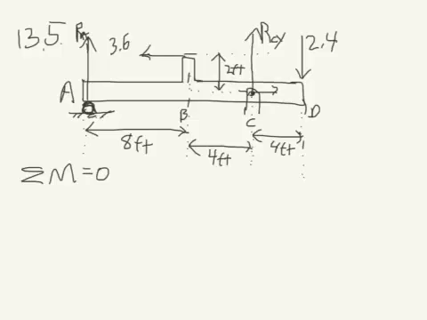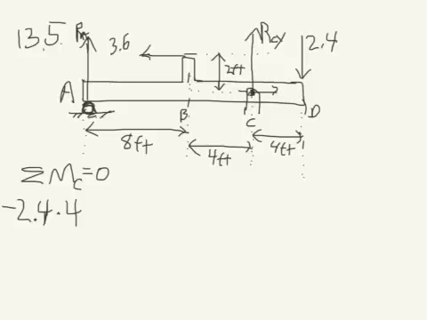If we look at the moments around point C, we know that RCY is going to contribute 0 moment because its moment arm is 0. It has a 0 distance from this point. So summing up all those moments from the right, we have a force of 2.4 acting at a distance of 4 feet from point C. And we're going to say that's negative because it's a clockwise torque.